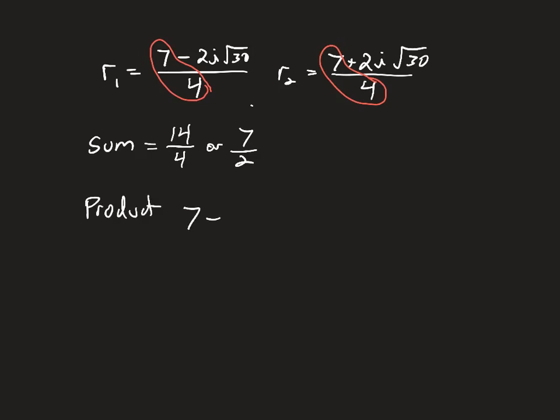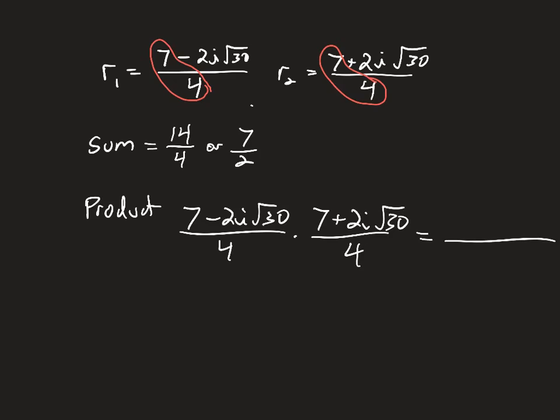So you're going to do 7 minus 2i rad 30 over 4 times 7 plus 2i rad 30 over 4. And when you multiply these out, the denominators, let's do that first, that's 16. And here we're going to use our little shortcut, right? Since these are conjugates, we know we just have to do the first terms, which would be 49, and the last terms.